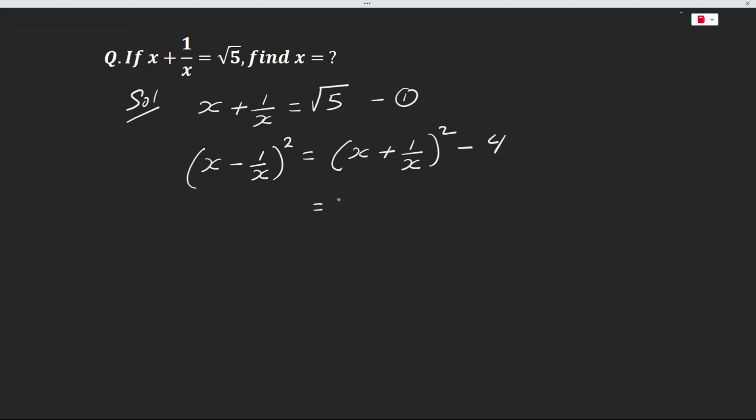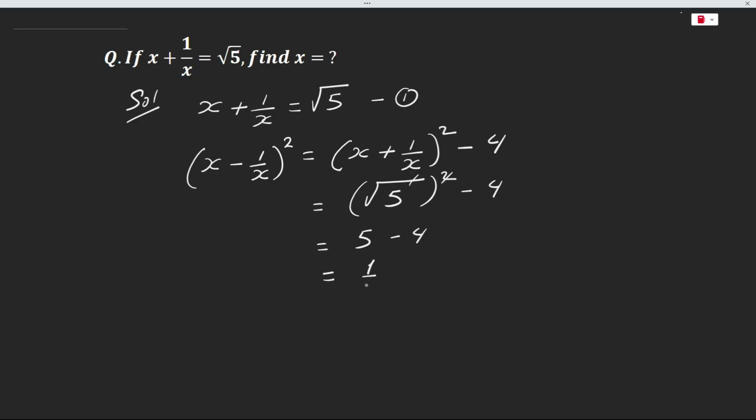Now substituting the value of x plus 1 by x over here, we can write this as square root of 5 whole square minus 4. Here square root and square will be cancelled out. This equals 5 minus 4, which will be 1.